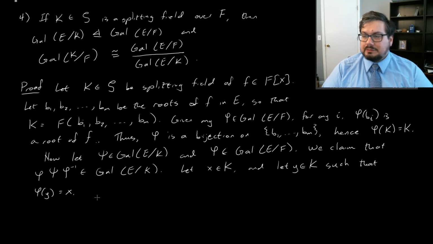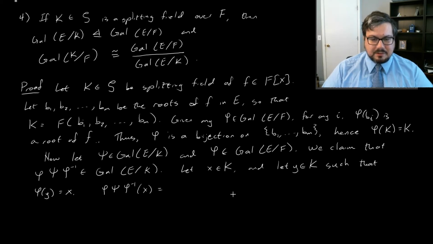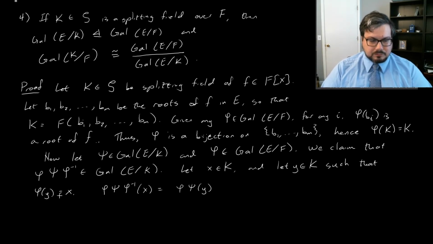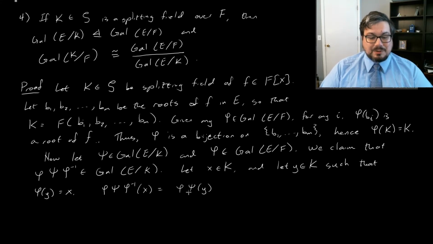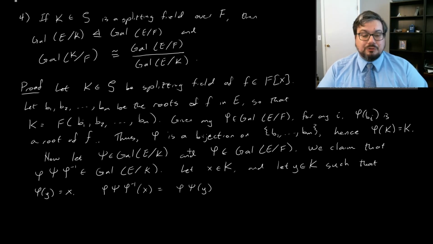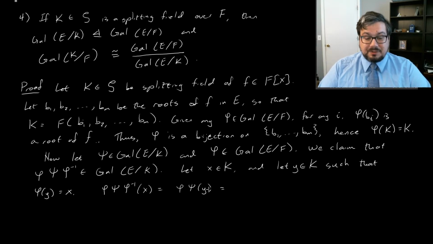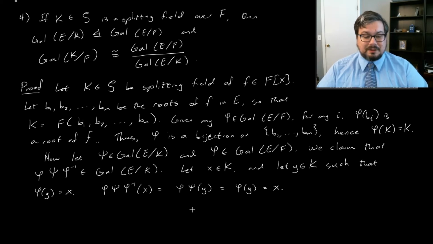So now we have that phi psi phi inverse of X is equal to phi psi of Y, because phi of Y is equal to X, so phi inverse of X is equal to Y. Now psi belongs to the Galois group of E over K, which means it fixes every element of K, which means psi of Y is just Y. And now phi of Y is equal to X, which is what we went for.